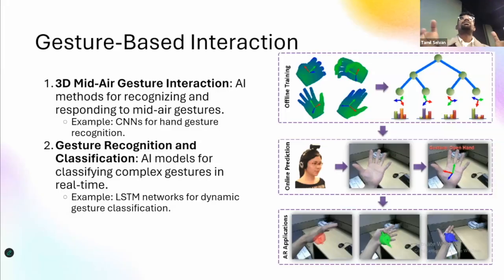Certain people try to look into IMU tracking, so they put IMU sensors on your hand to understand your gestures, or they use radars under the hand to measure the gestures. So it all comes under what kind of input modality can be accessible for your application, and you train a machine learning or deep learning model, which Leah will be explaining later. Then you use that for interaction purposes.